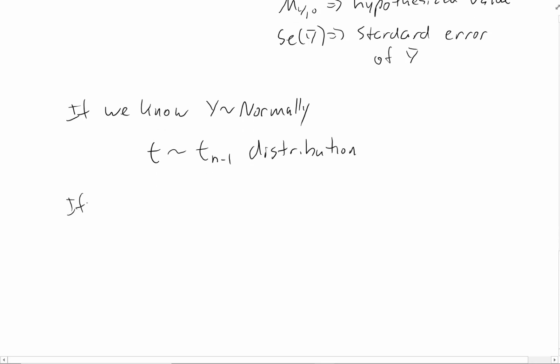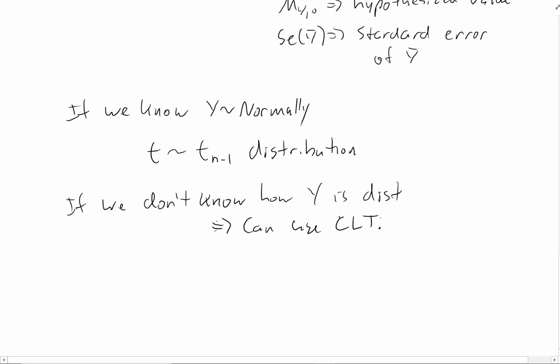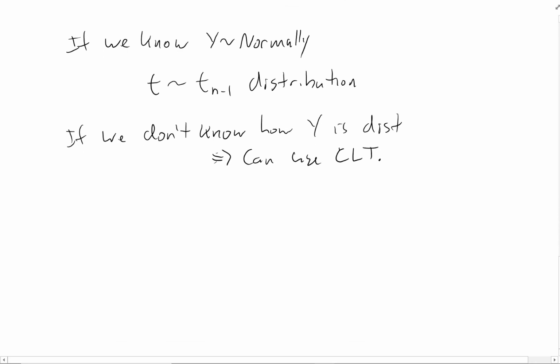Alternatively, if we don't know how y is distributed, we can use the central limit theorem. So the t-statistic, t-stat or just t, is distributed asymptotically normally with a mean of 0 and a standard deviation of 1.